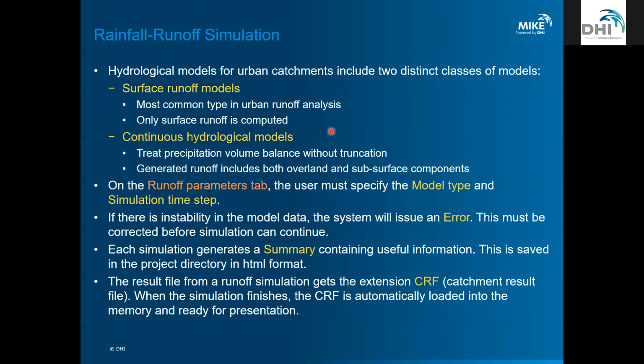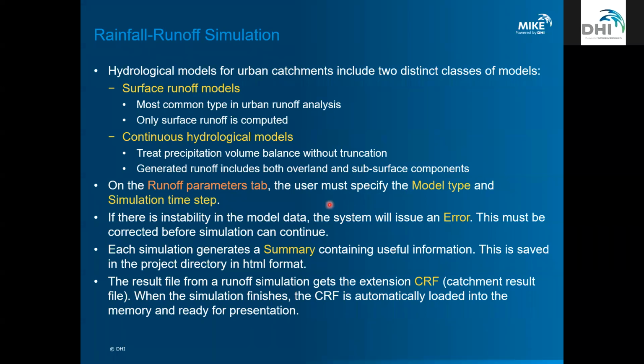This includes both overland and subsurface components. So for instance, if you were running a kinematic B with RDI, that would be continuous. You're going to find all of these attributes on the runoff parameters tab, and you have to decide which model type and the simulation time step.